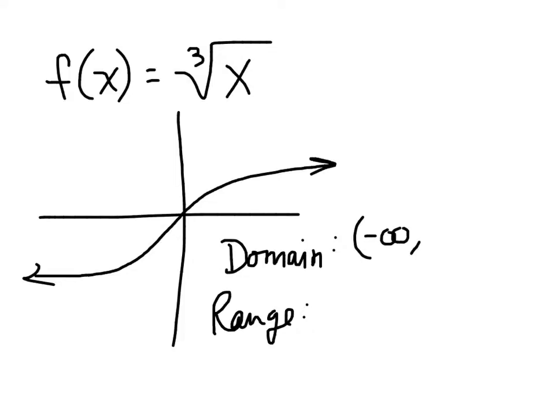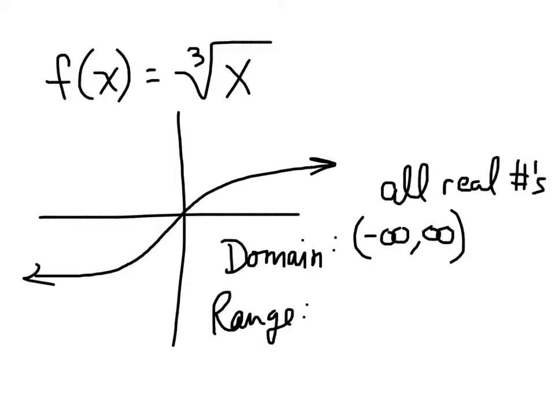And forever to the right is positive infinity. There's no stopping points along the way. Everything's fair game. If you wanted to write it out the other way, all real numbers. Everything is fair game. Okay?